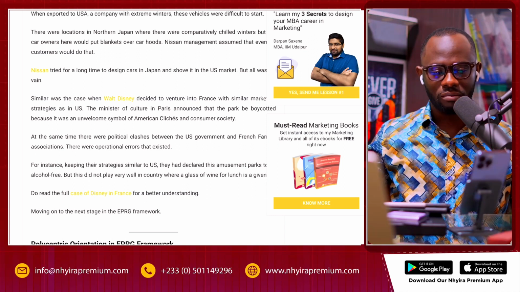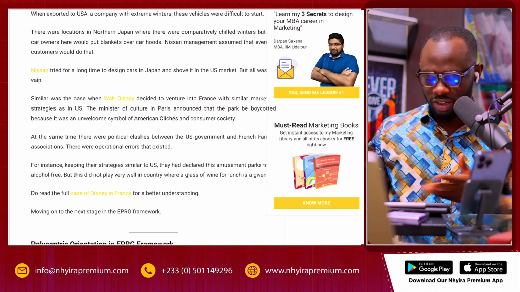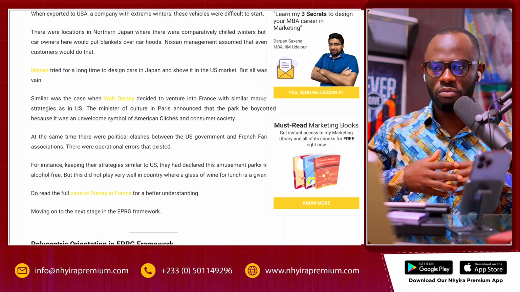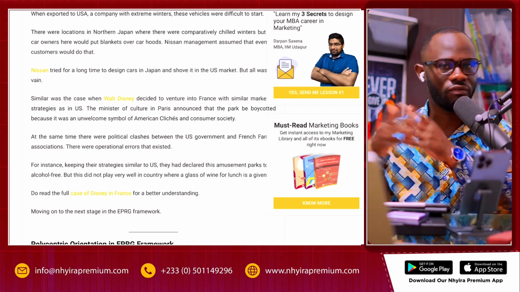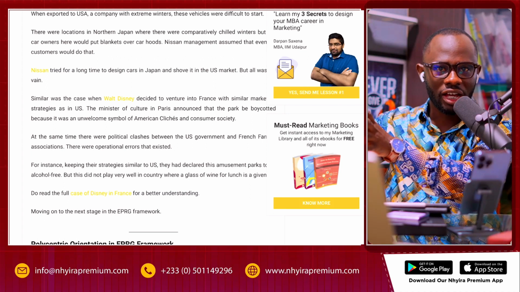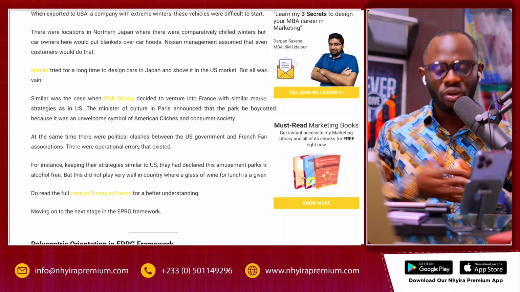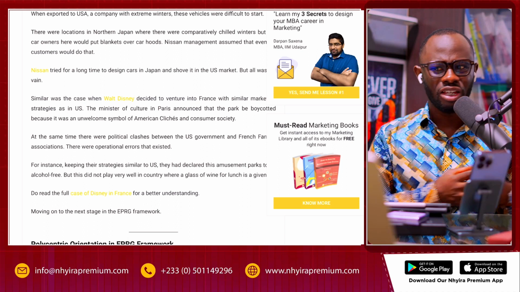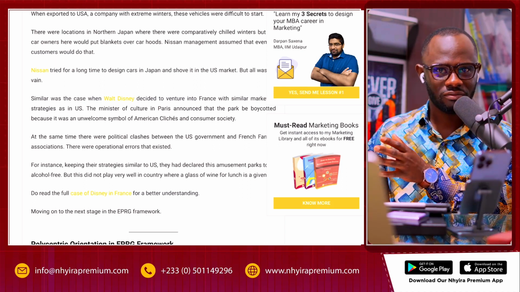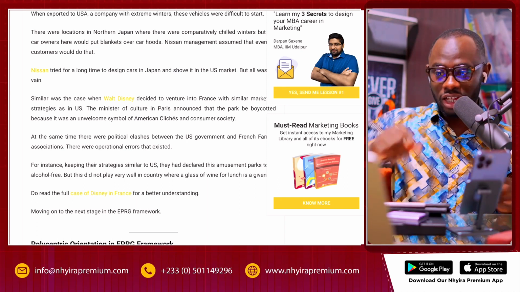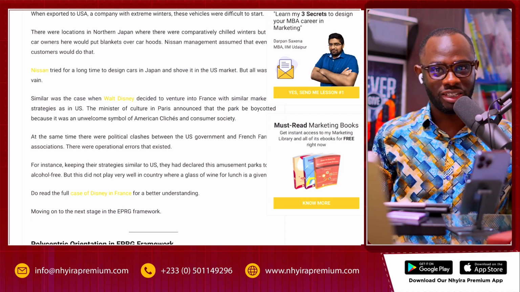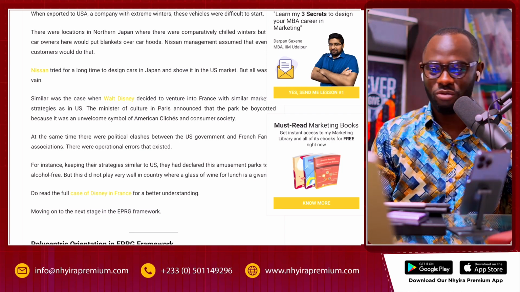Again, if you know anything about the US, Disney is one of the companies that have a lot of theme parks that people can go to on holidays, have fun. There are a lot of things there. And so they took whatever is working in America, thinking that it will work in France, forgetting that Europe, France, they have different taste than the Americans. So the Minister of Culture said they will boycott. Now, if your minister said they boycott, who will go? Nobody will go.